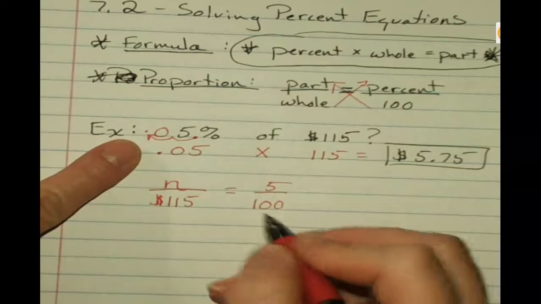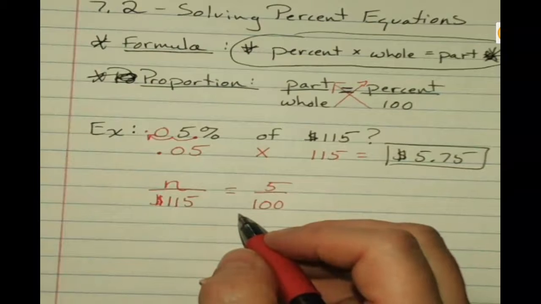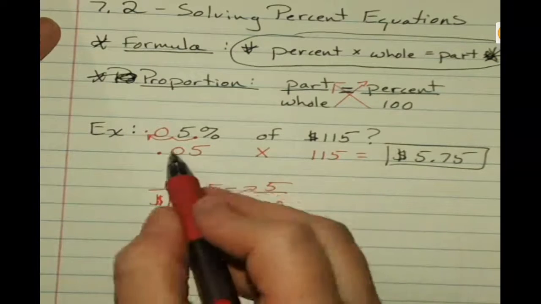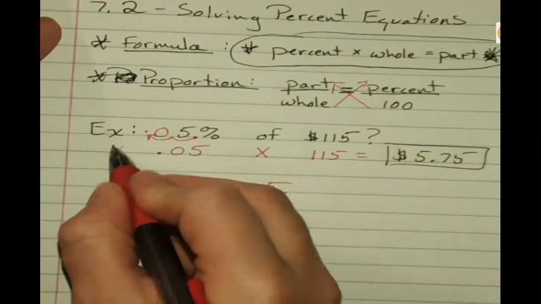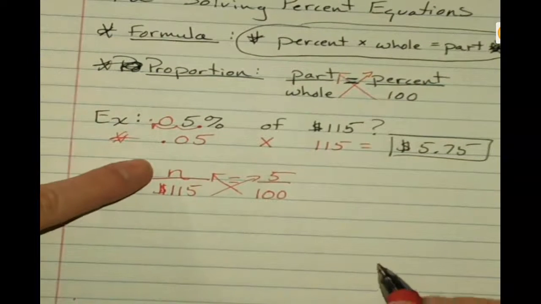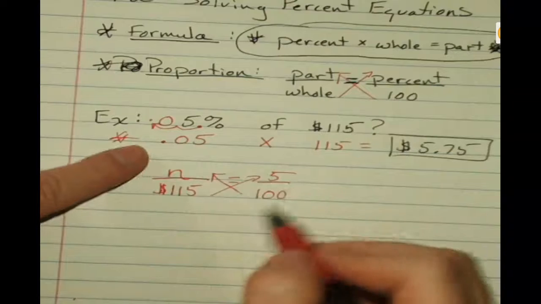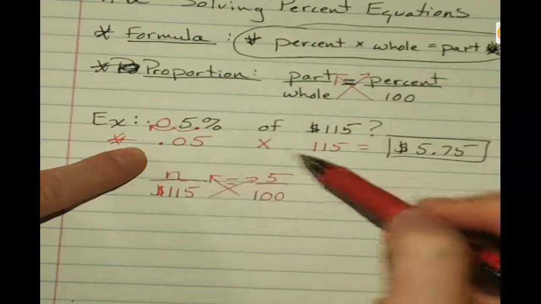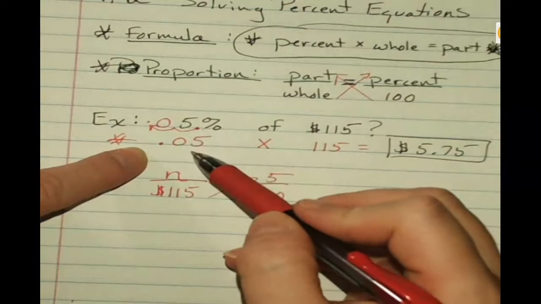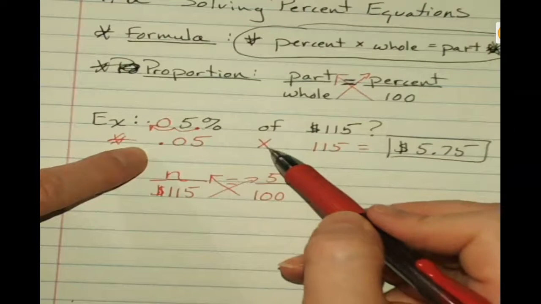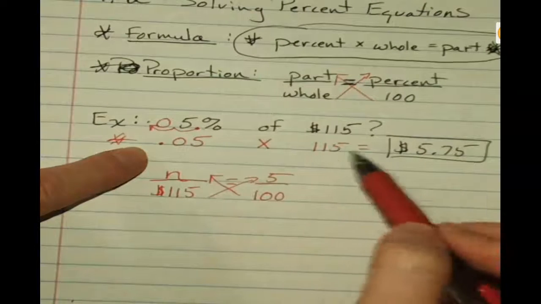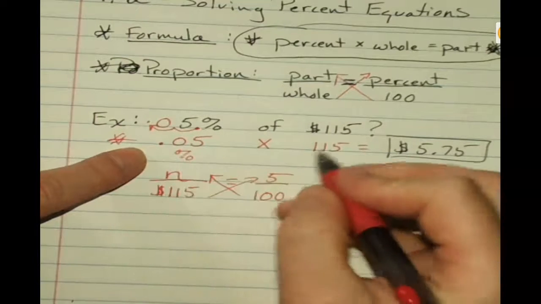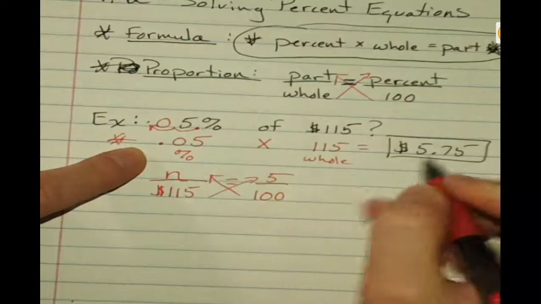How do you know which one goes where, though? That's sometimes the confusing part, and then you would cross multiply. Or you can just do it this way. See what I'm talking about, y'all? You can try to remember the formula, or you can just say, okay, it's a percent changed to decimal, of means times, bring this down, multiply, boom. This is your percent, this is your whole, this is your part.